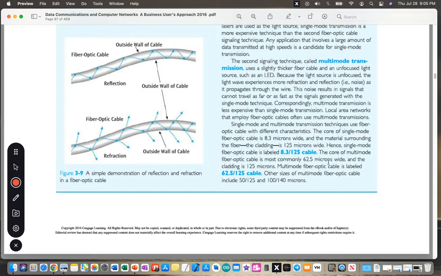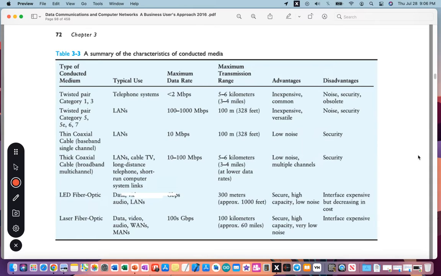And we have the different labels, 8.3 over 125, and we have the multi-mode fiber transmission called 62.5 over 125. And we'll go next to see the table summary of and characteristics of conducted media. This is all the conducted media: twisted pair, thin coaxial, thick coaxial, LED fiber optic, laser fiber optic.